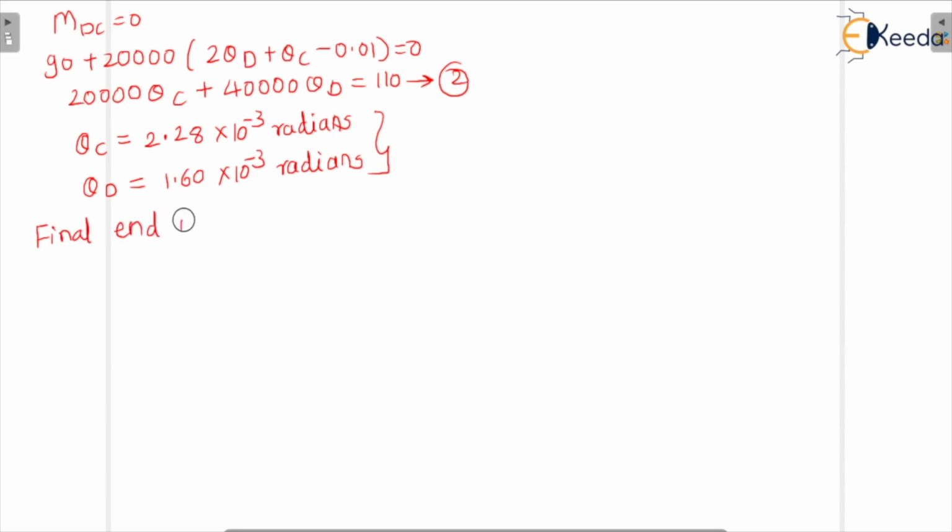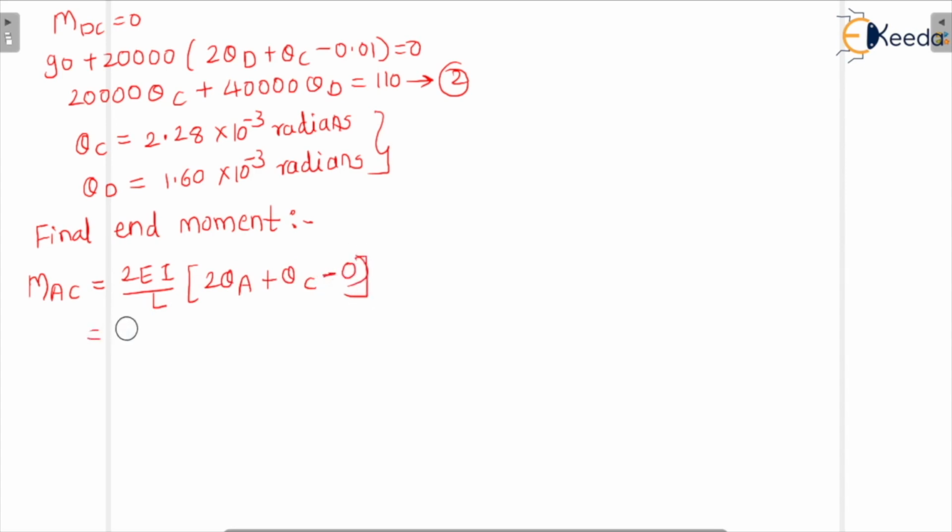So what are the final end moments? First, M of AC. Our equation is 2EI by L into 2 theta A plus theta C minus, there is no sinking, so 0.